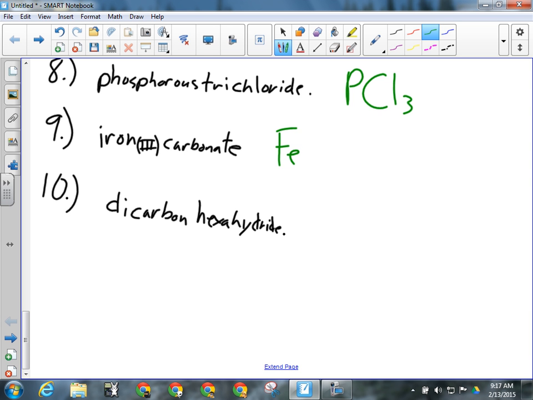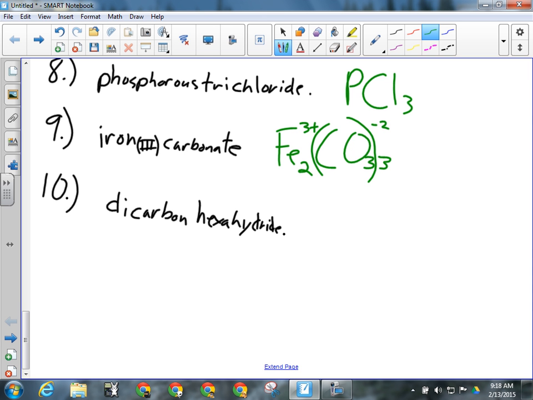So it's iron, and the Roman numeral tells me to use 3+ when I do the swap and drop, and that's combined with carbonate, which is CO3, and that has a -2 charge. So I bring the 2 down to here, and I bring the 3 down to here, but I can't have two numbers together like that, so I enclose it in brackets.